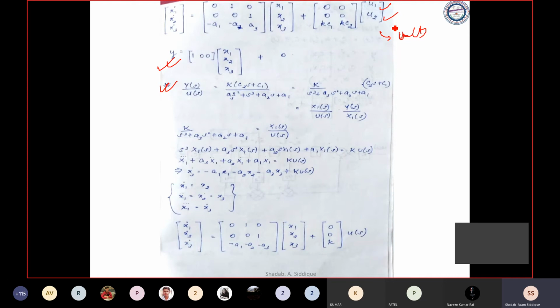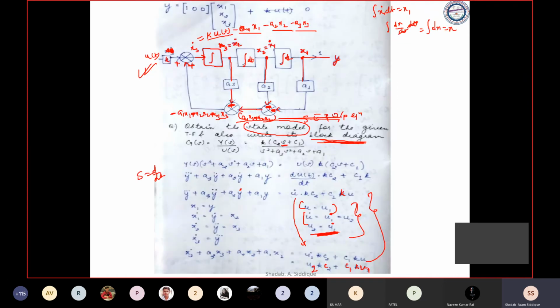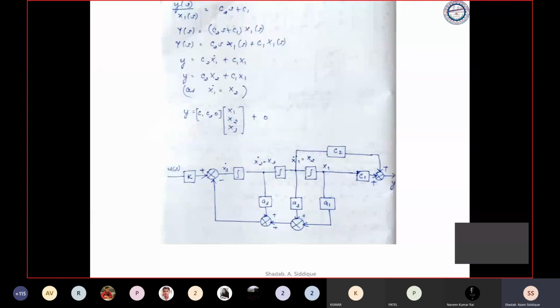So you have to correlate u1 and u2, because these two are correlated to each other. u is equal to u1, so u1 is nothing but u, but u2 is nothing but u1 dot. So wherever the u2 requirement is there, you just take the u1 differentiation. u1 differentiation will give u2. So you can go through this.